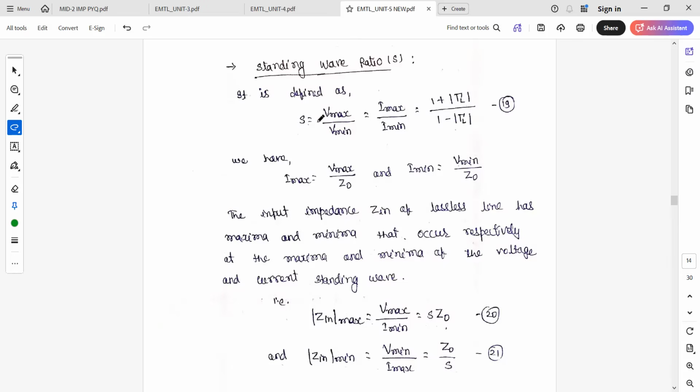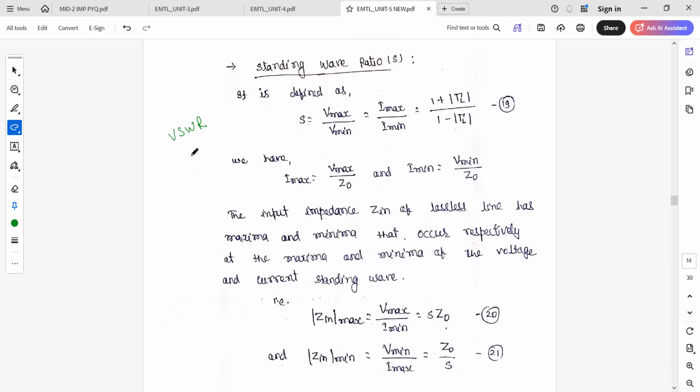Generally, standing wave ratio, if you talk about the voltage, is the ratio of maximum voltage by minimum voltage. That will be called the VSWR.